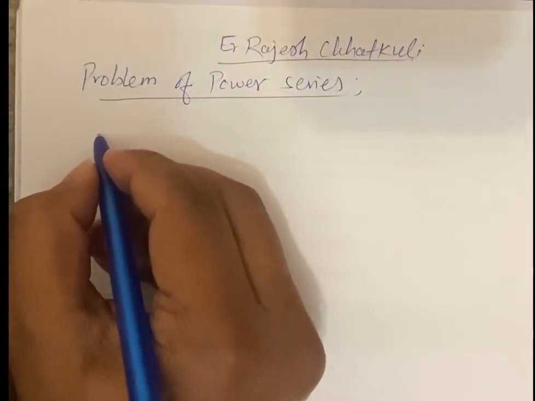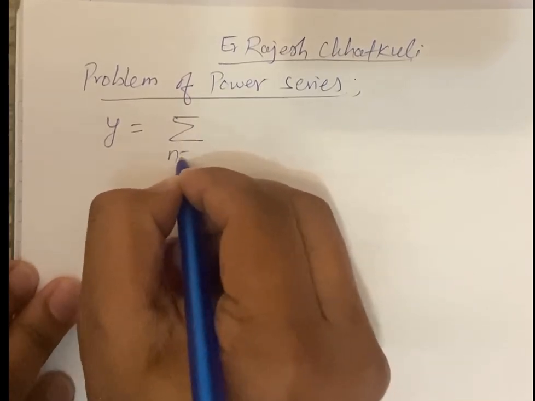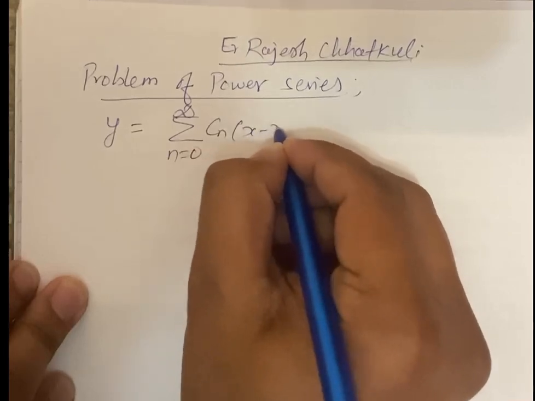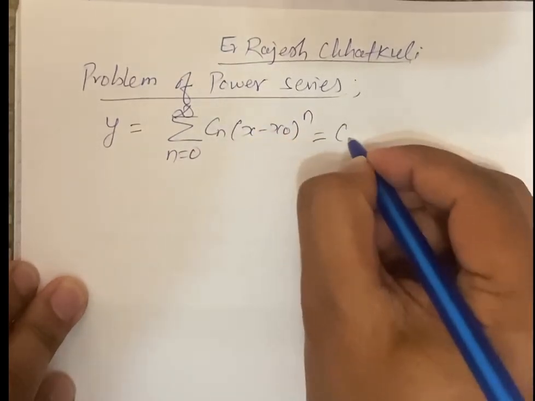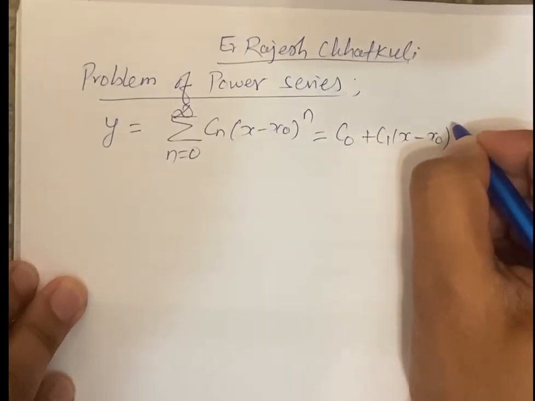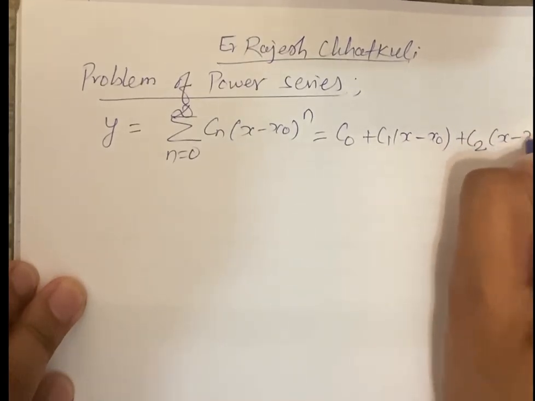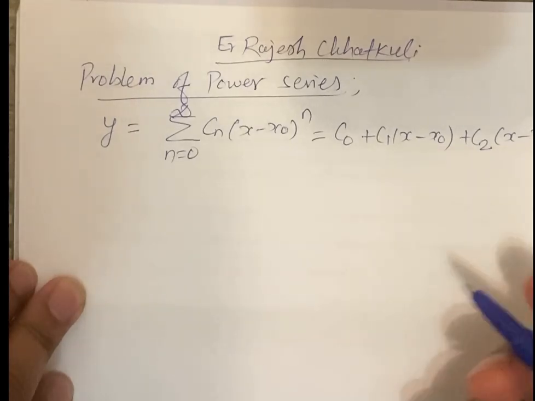Normally the power series is given by the formula: the sum from n equals 0 to infinity of Cn (x minus x0) to the power n, which is equal to C0 plus C1 (x minus x0) plus C2 (x minus x0) squared, and so on up to Cn.